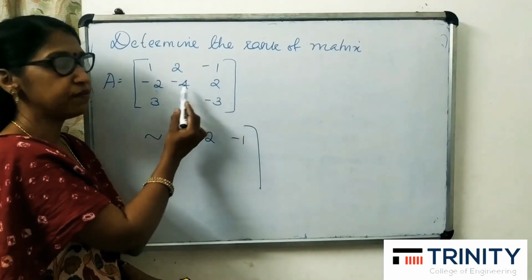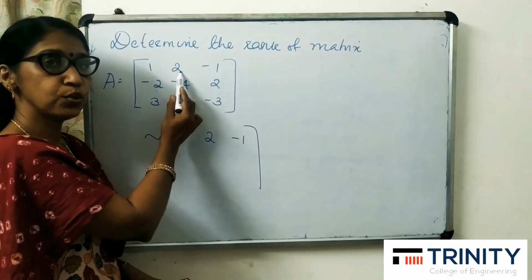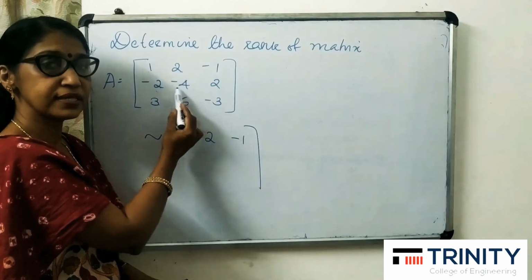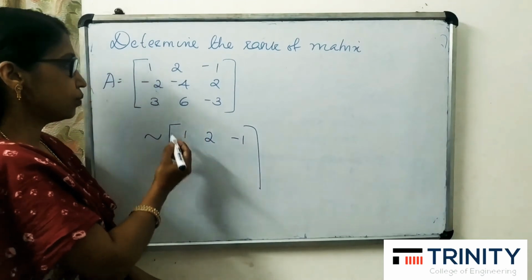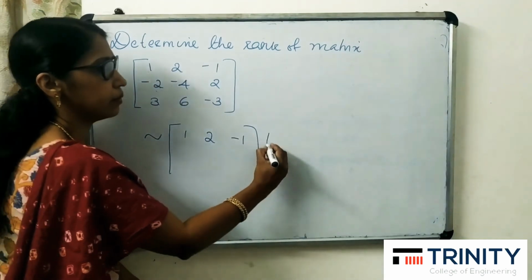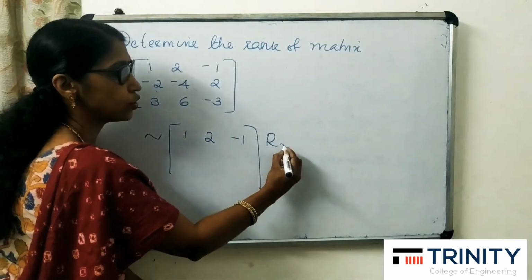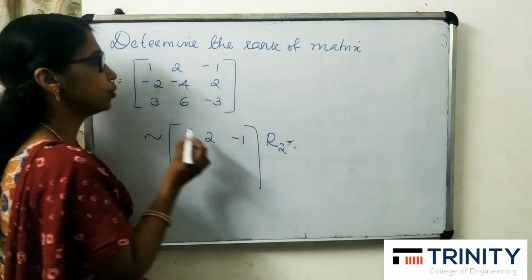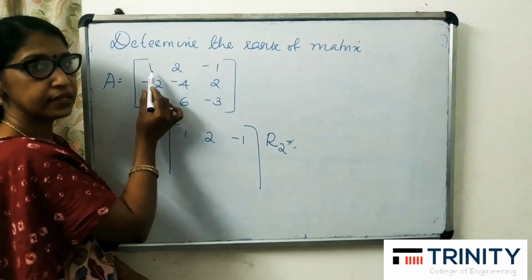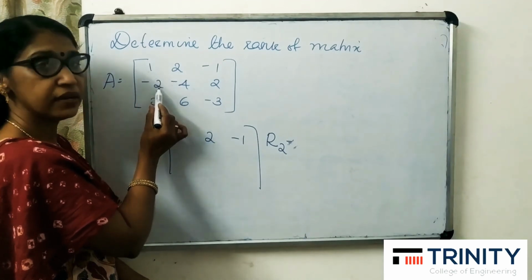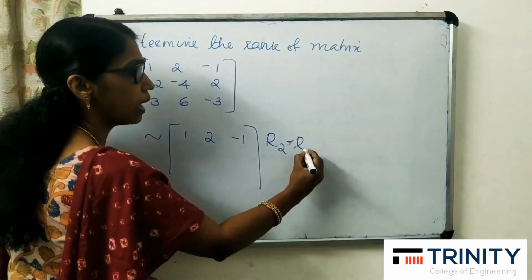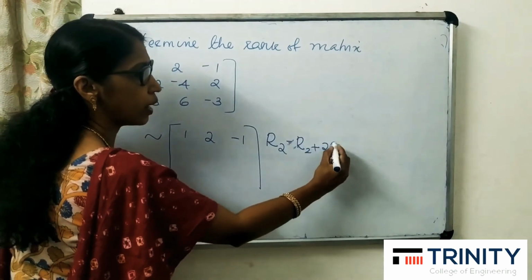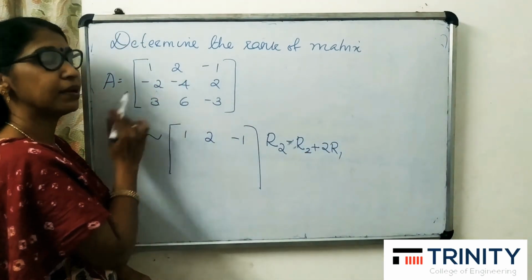Every element we multiply by 2 and add to the second row. So the transformation is R2 equals R2 plus 2R1. Then we get this element as 0.